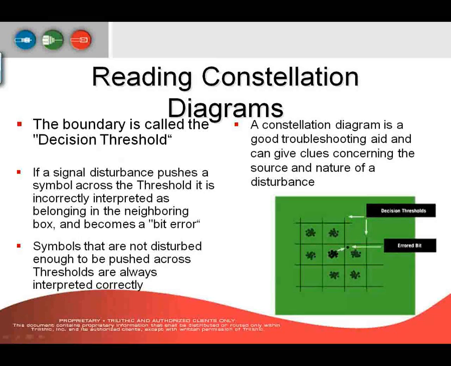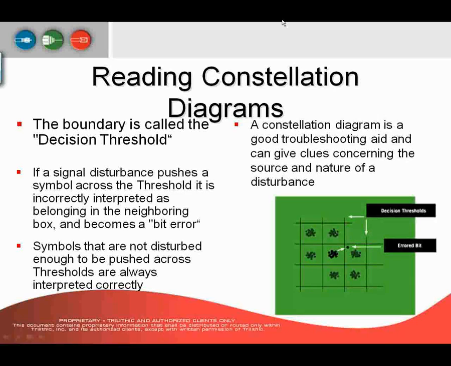So let's first talk about just reading the constellation diagrams, because we see it a lot of times, and it's important that you understand what you're actually looking at. Like was mentioned, the boundary areas are called the decision thresholds, or the decision boundaries.